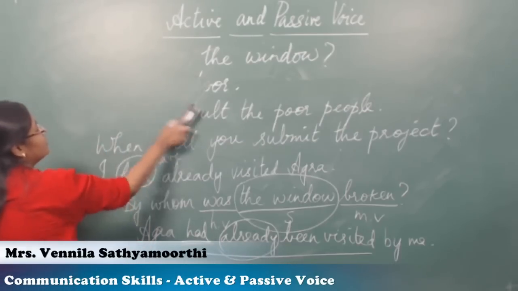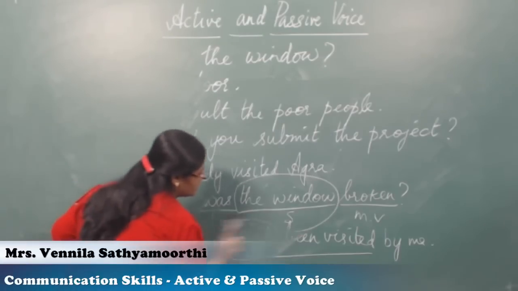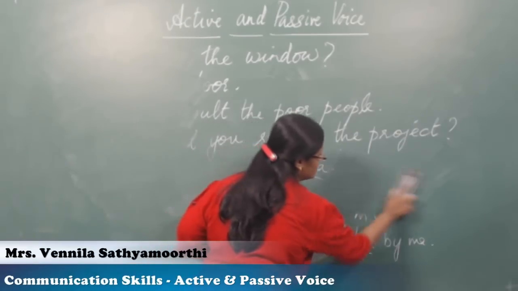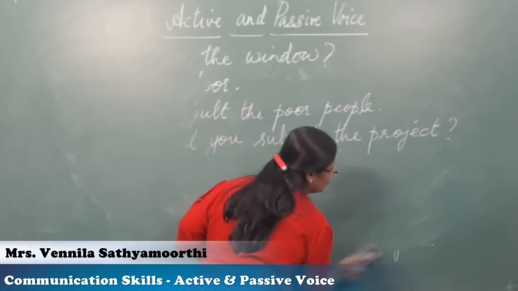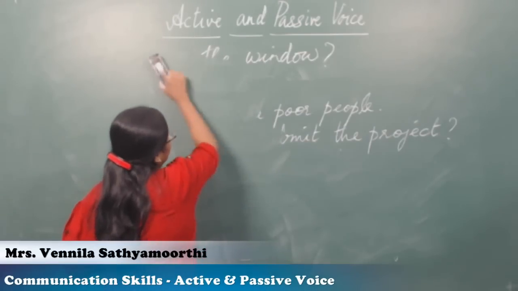Now this is with the simplest of the sentence patterns, which is the SVO. The next sentence pattern we'll see is the SVIODO, where the verb has two objects.